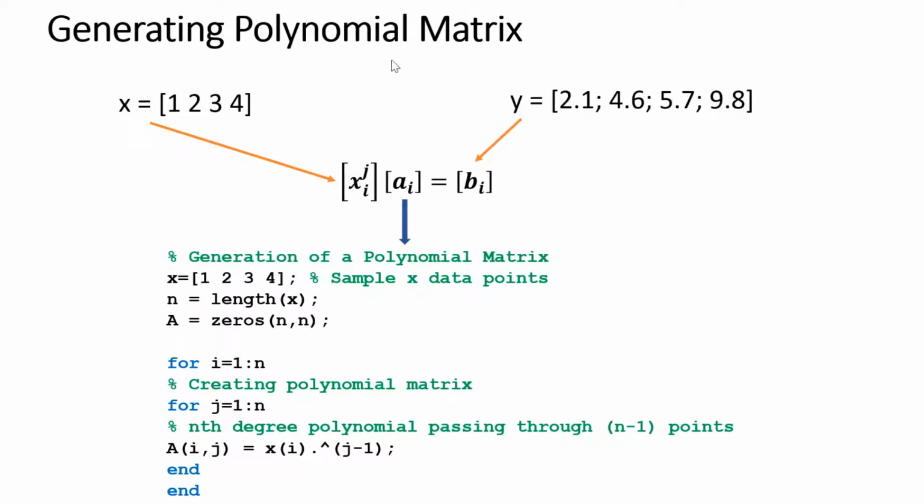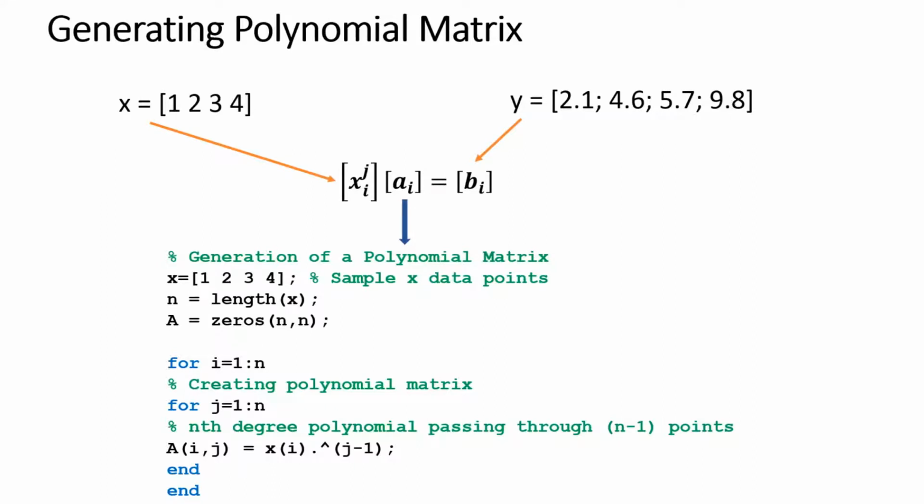Now we are about to generate the polynomial matrix from our x data points. You already have seen this general equation where b refers to the elements from the vertical axis data points.